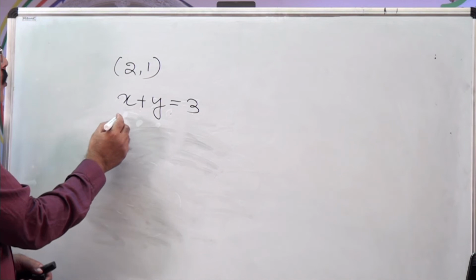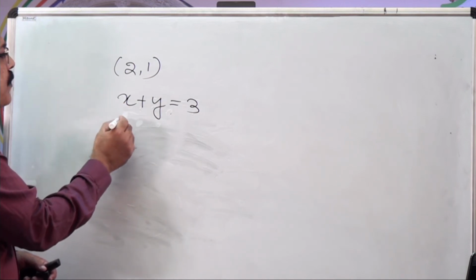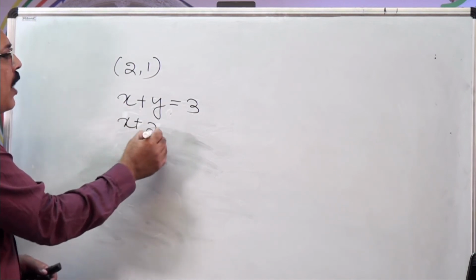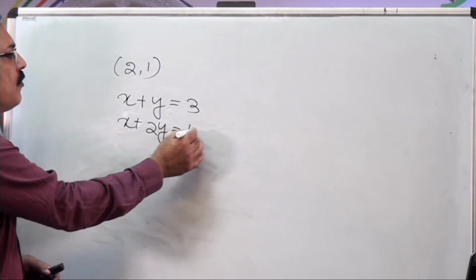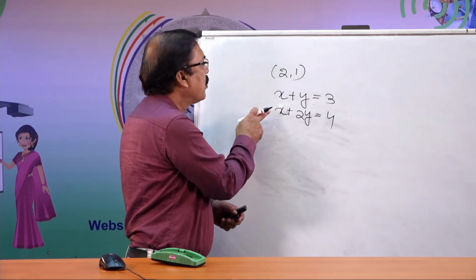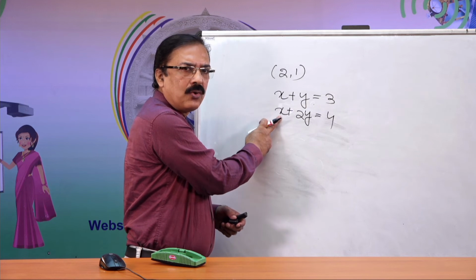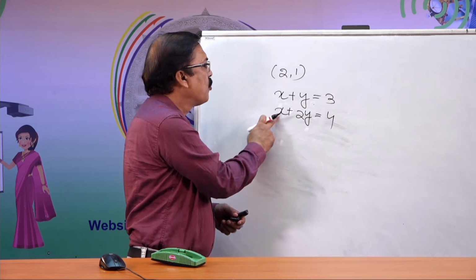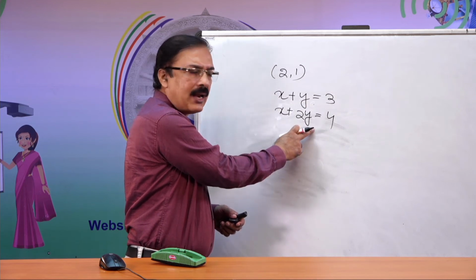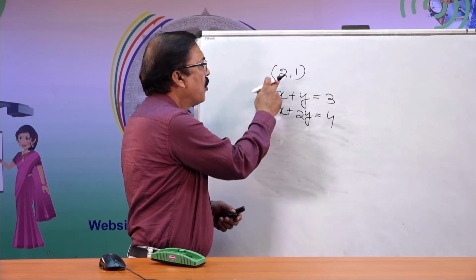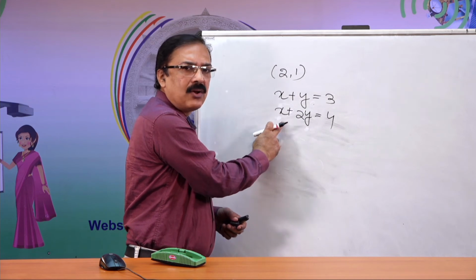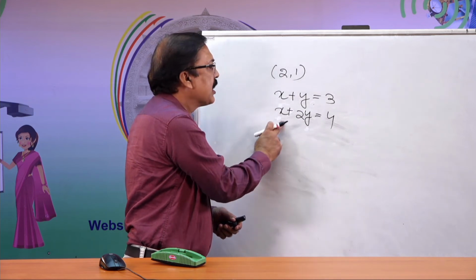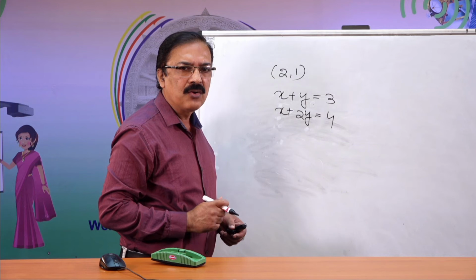Now take x plus 2y is equal to 4. If we put the value of x as 2 and the value of y as 1 here, we have 2 plus 2 into 1, that is 4. So (2, 1) also satisfies this equation, x plus 2y is equal to 4.